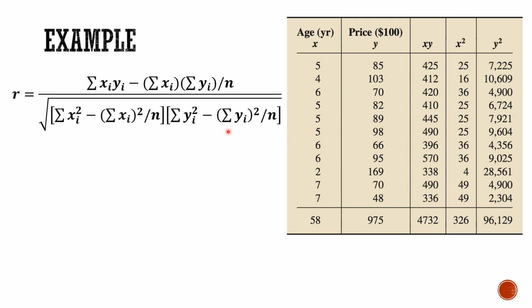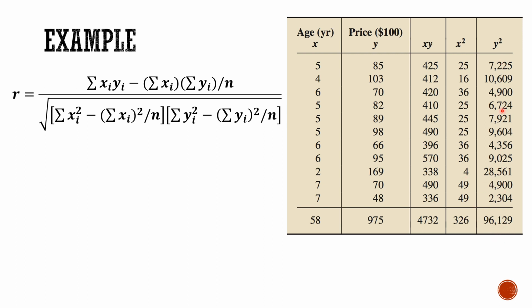And the same thing for y, to calculate the standard deviation of y, and then we multiply them, and we take the square root at once. So for these x squared and y squared values, we need to square all our x values and sum them up, which is 326, and all our y values will also need to be squared in this last column, and summed up.